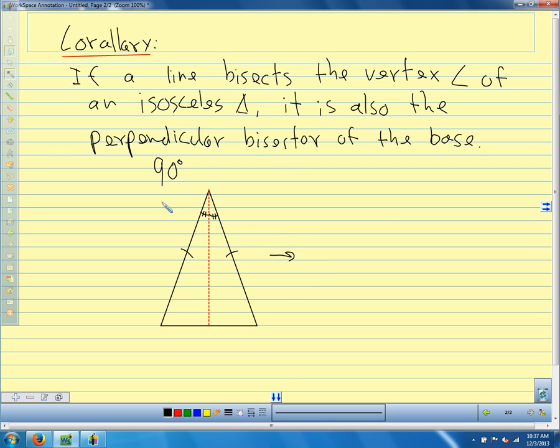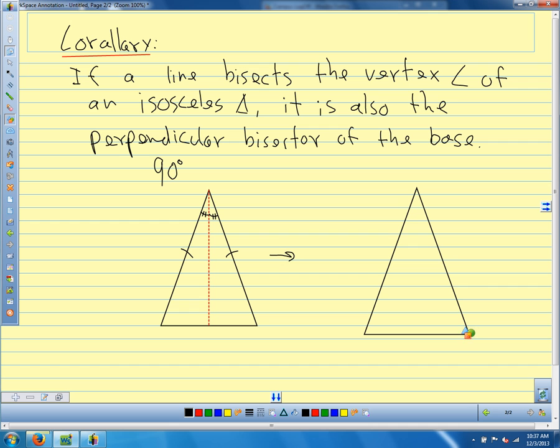What that tells us is that this bisector makes a 90-degree angle with the base and cuts that base in half. So we end up with all of these things that are congruent. We've cut this vertex angle in half. This line makes a 90-degree angle with the base, and it cuts the base in half.